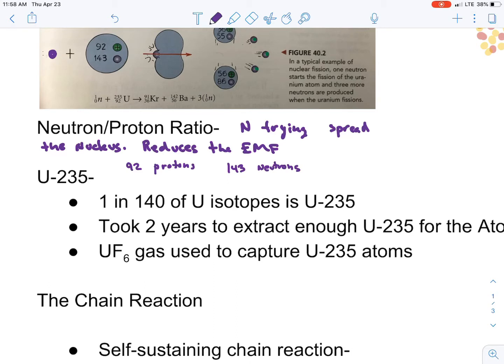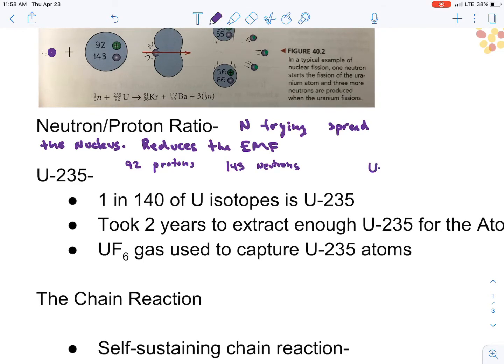Okay, now uranium-238, which is another uranium, doesn't do this. It's uranium-235 that does this, not uranium-238, okay?